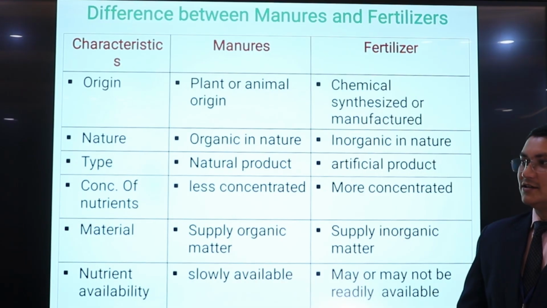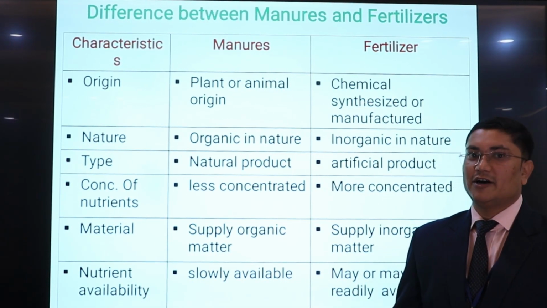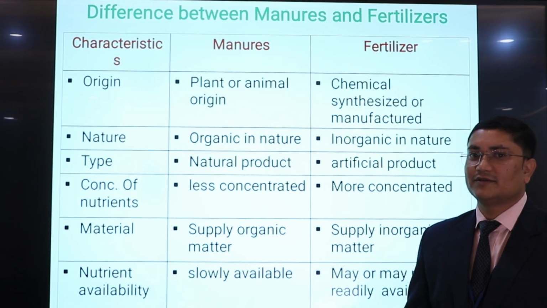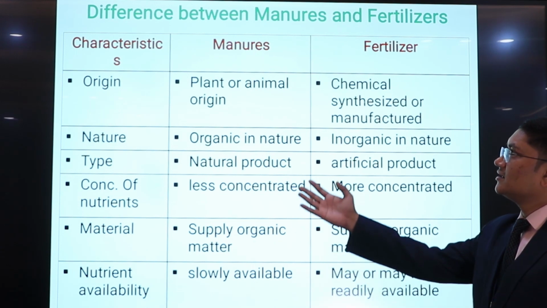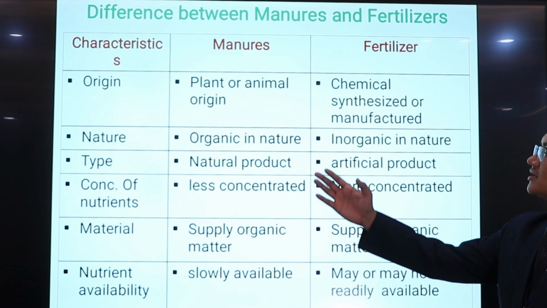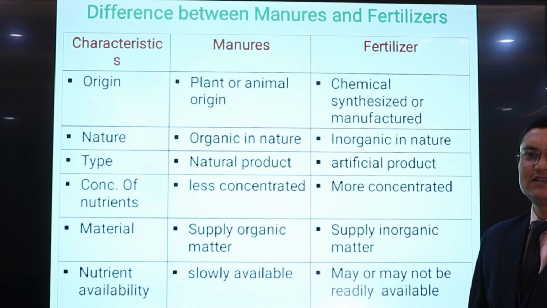After that, we have got the knowledge about manures, fertilizers, and biofertilizers. On the basis of three major factors, there is a broad classification based on characteristics like manures and fertilizers. What is the basic difference?